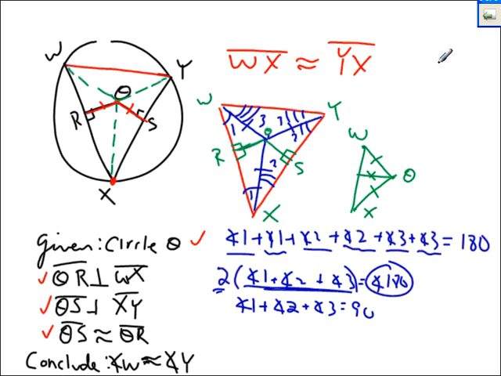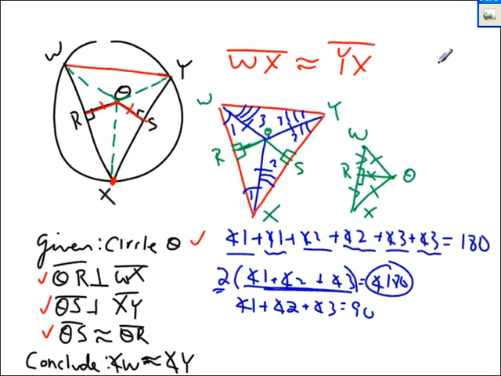You're given that those are equal, and we have a right angle. By the hypotenuse-leg theorem, these two are equal. So in fact, WR and WX are equal.